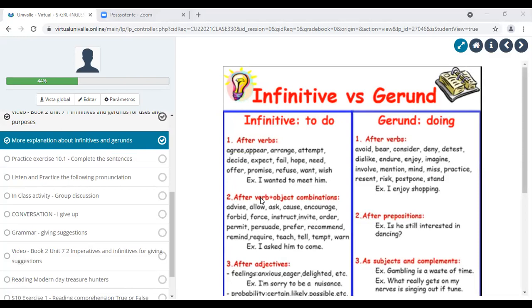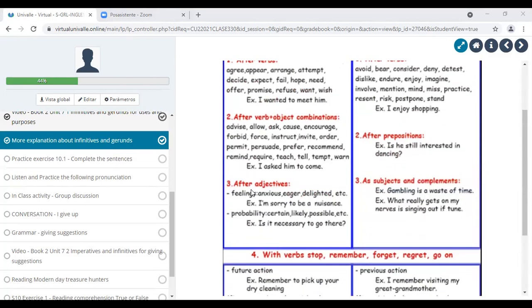Example: I wanted to meet him. After verbs avoid, bear, consider, deny, detest, dislike, endure, enjoy, imagine, involve, mention, mind, miss, practice, resent, risk, postpone, we have a gerund.